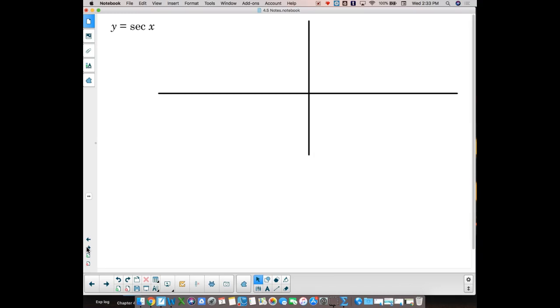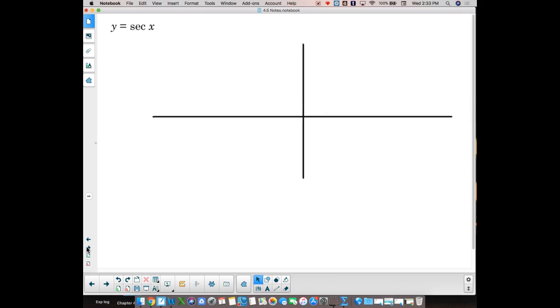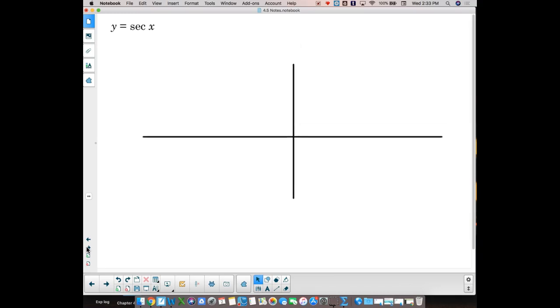I want to do secant now. Okay? Alright? So secant is what? What is secant? The opposite of cosine. The opposite, so 1 over cosine, the reciprocal of cosine, because opposite to me means negative positive.